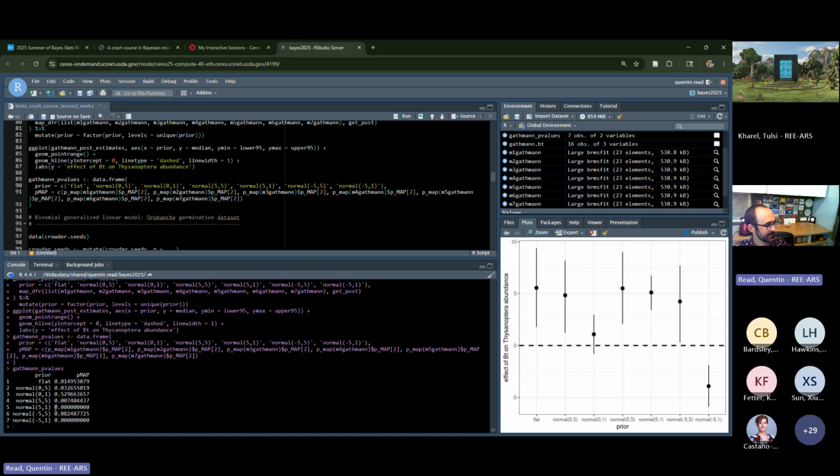And then it's extremely low for the ones that have a very low uncertainty but are far from 0, if that makes sense. So these p-values are just a way to quantify basically what we see on this plot right here.